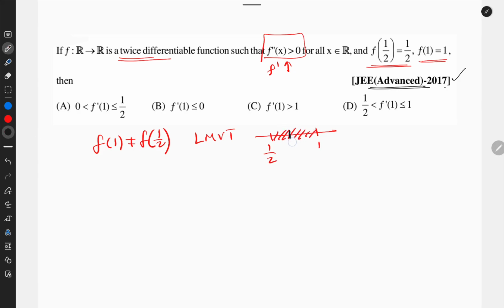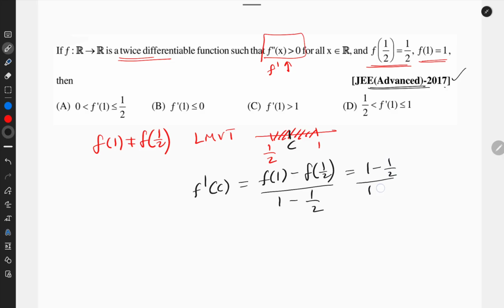So there exists a c such that f'(c) is equal to f(1) minus f(1/2) divided by 1 minus 1/2. f(1) is given as 1, f(1/2) is 1/2, so it is 1. So there exists a value c such that f'(c) becomes 1.